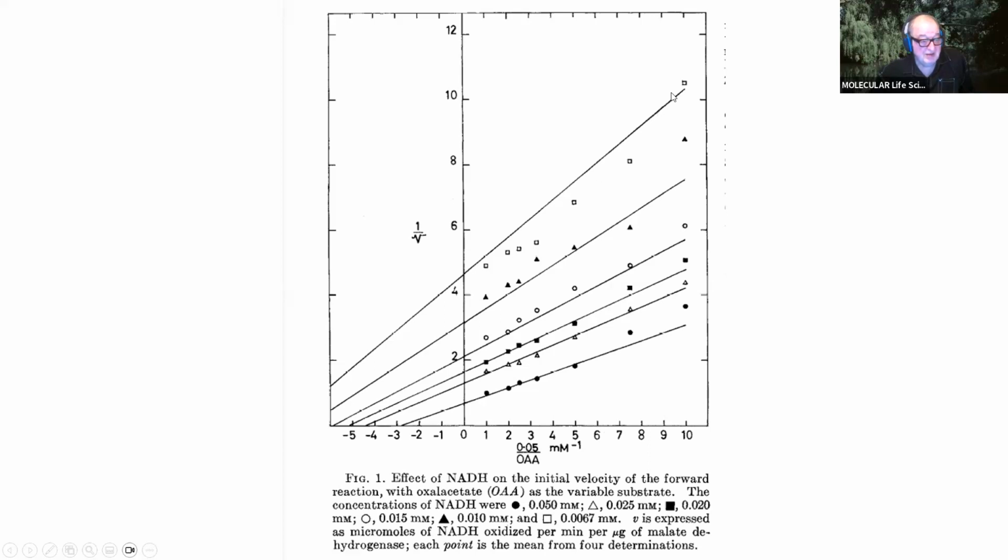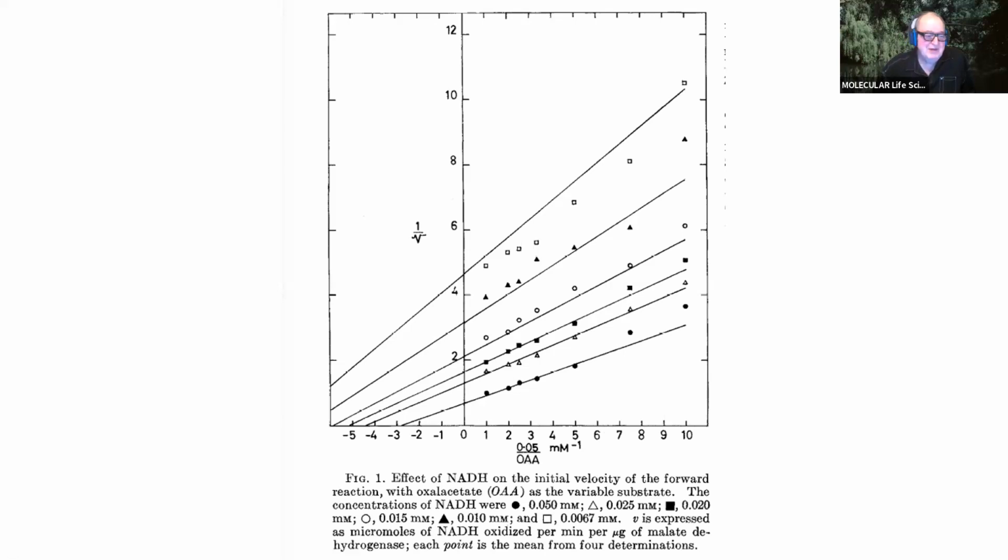Well, some of these don't look terribly linear to me. This one, I could easily see a line through that part and another line through that part. So you can make the argument, looking at some of the data sets in here, that they're not actually linear Lineweaver-Burk plots. Now you go, okay, this is OAA, maybe I'm seeing substrate inhibition.